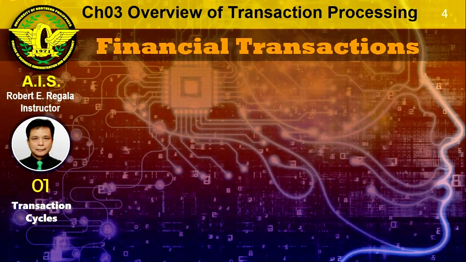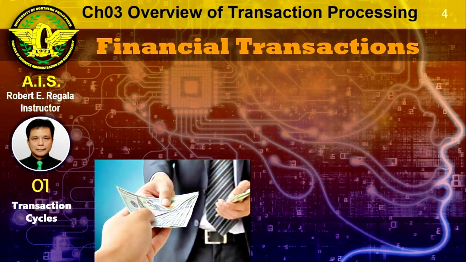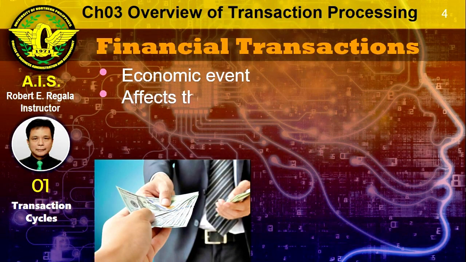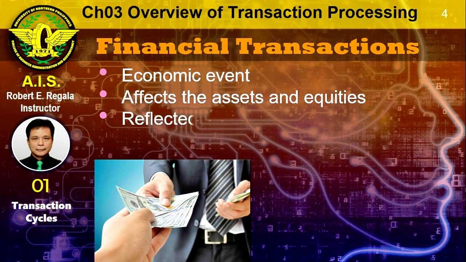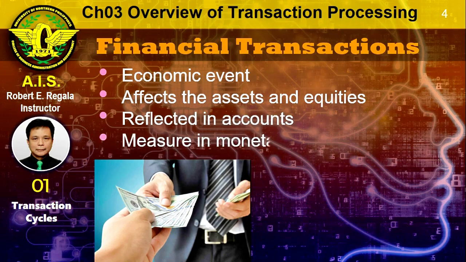Revenue cycle. A financial transaction is defined as an economic event that affects the assets and equities of the entity, is reflected in its accounts, and is measured in monetary terms. The most common financial transactions are economic exchanges with external parties.